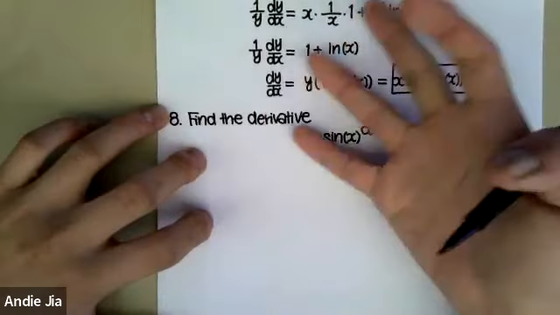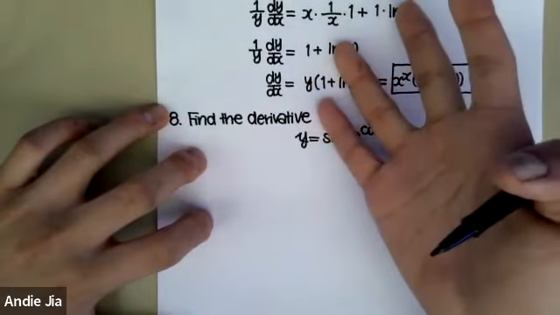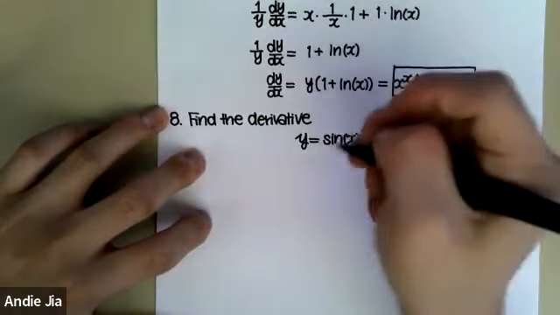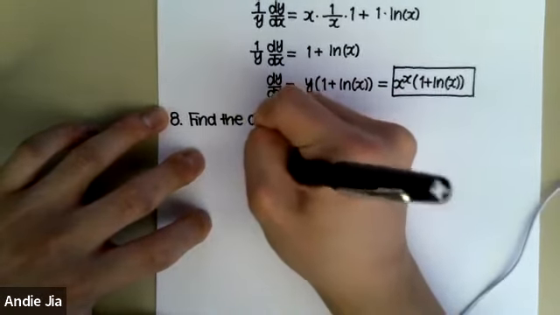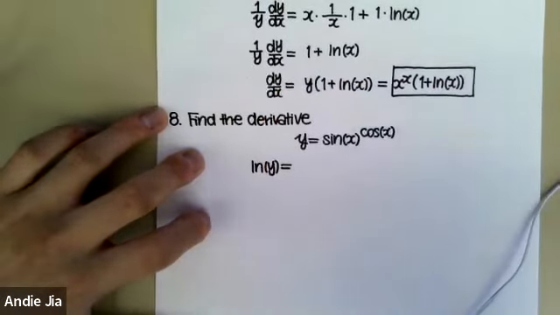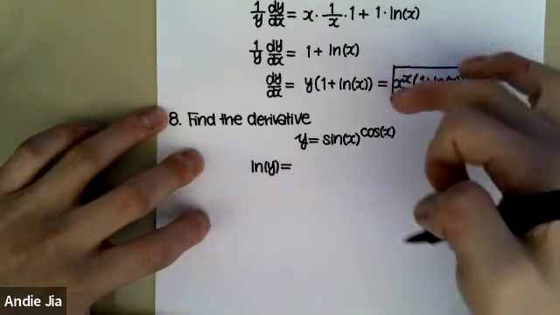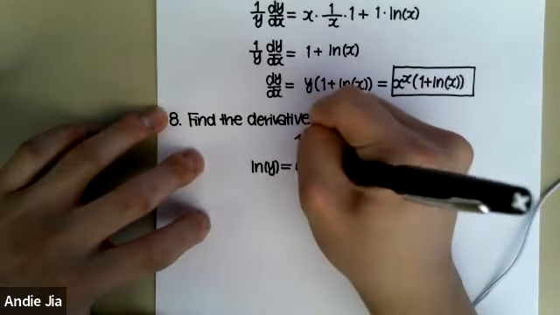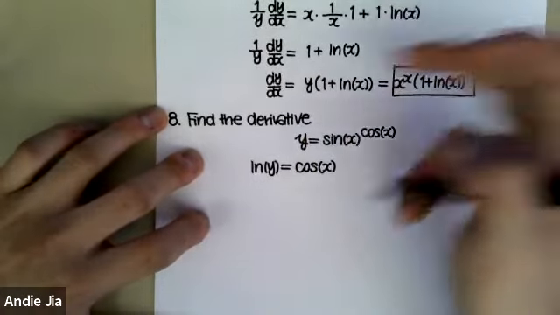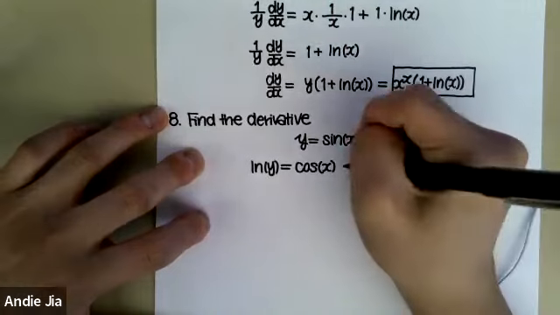So we just follow the same process. We write them in the form of natural log of y, and g of x is cosine of x, and natural log of f of x is sine of x.